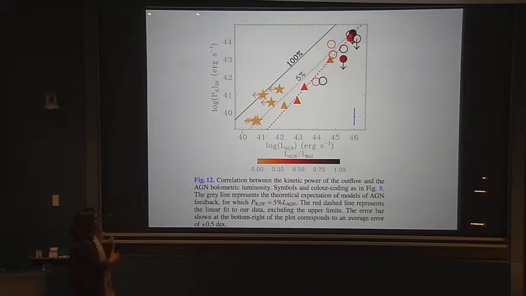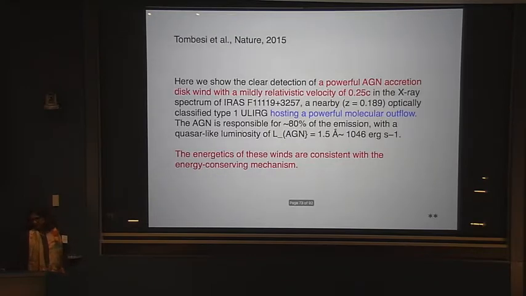What this allows us to do is figure out from the data what that efficiency should be. And remember, we got roughly 5%. So that looks reasonable compared to what we've done.